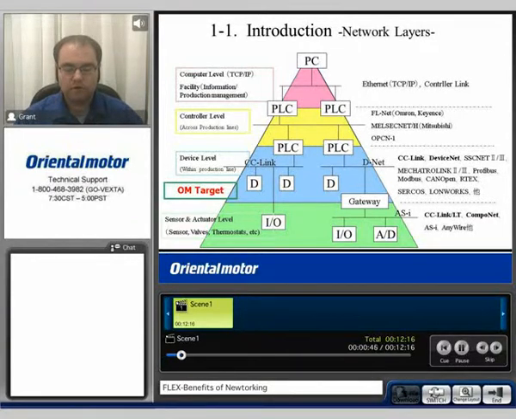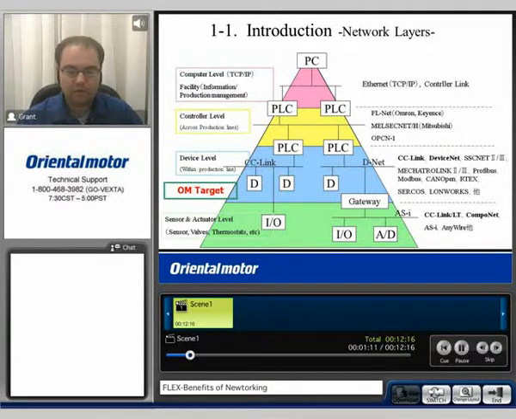Industrial network consists of approximately 4 layers. The upper level layer, or computer level, is usually TCP/IP or Ethernet-based protocol. In the past, it has been other protocols such as controller link. This higher level controller will consist of management of the entire factory or facility level.